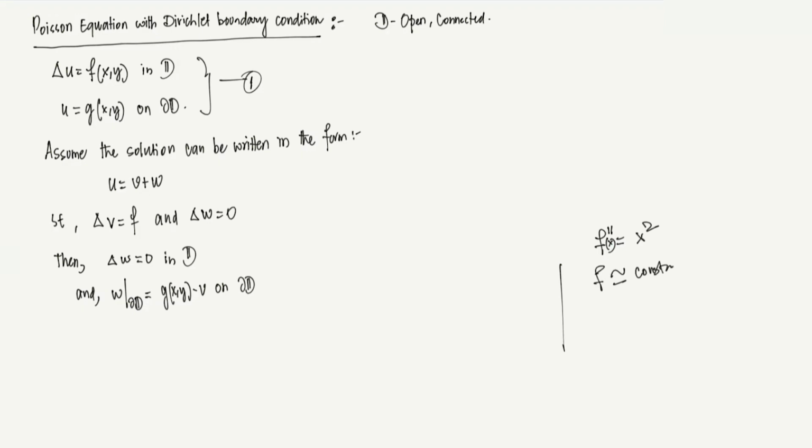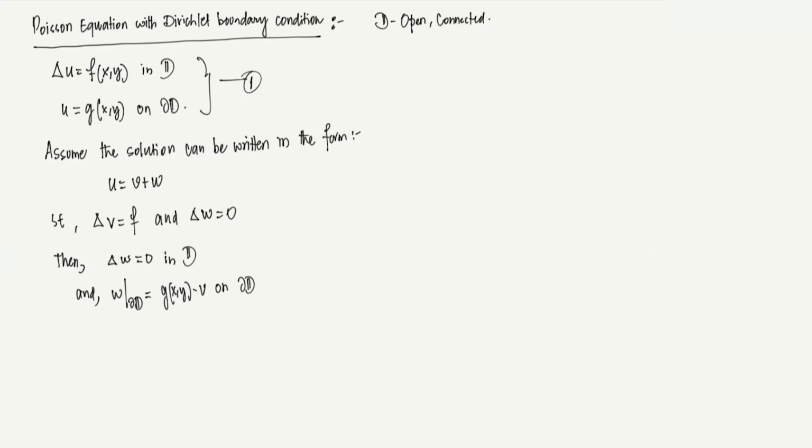So essentially, if you want a polynomial of degree 2 as the second derivative, f should be a constant times x squared. If it's a polynomial of degree 4, it should look like a constant times x squared. Clear? Kind of.